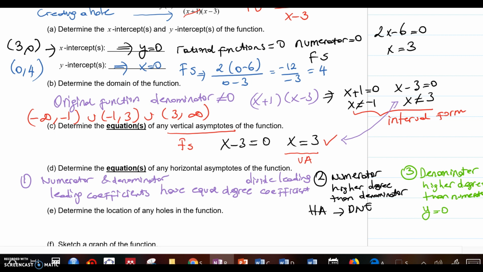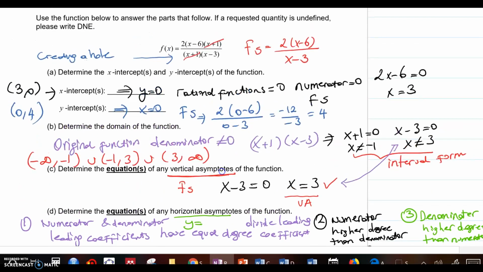Remember, the horizontal asymptotes, we're talking about y equals to something. Vertical asymptotes, we're talking about x equals to something. Okay, so those degrees that I'm mentioning here, the leading coefficient degrees. All right, then if you go back and look at the equation, we do have some x squared, or even in the simplified form, right?